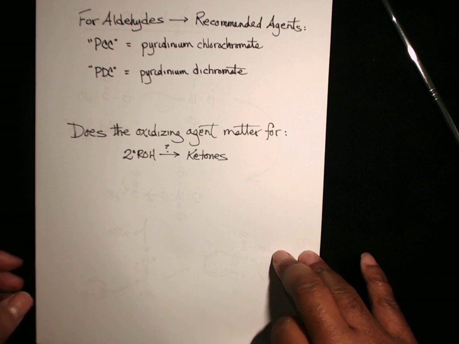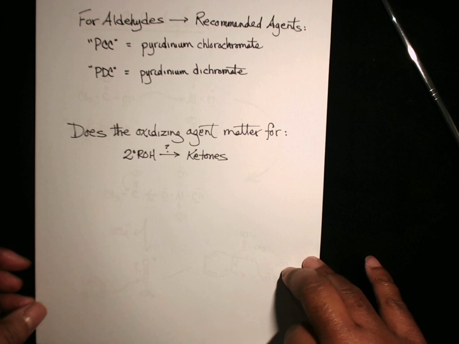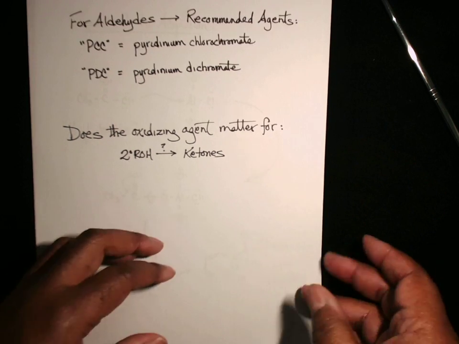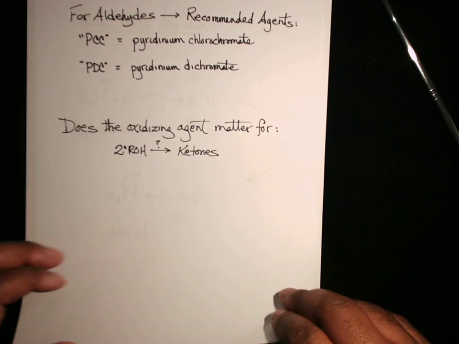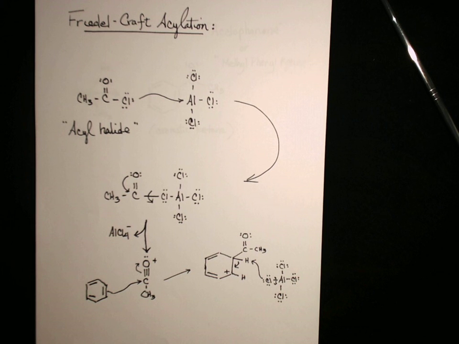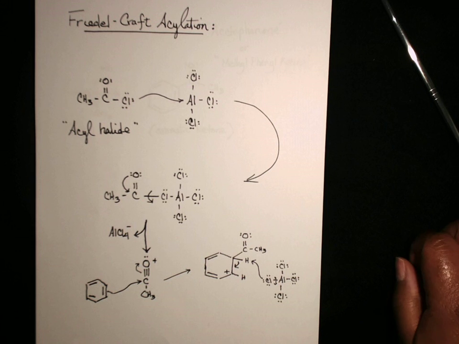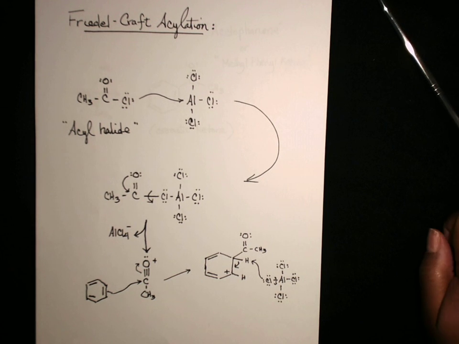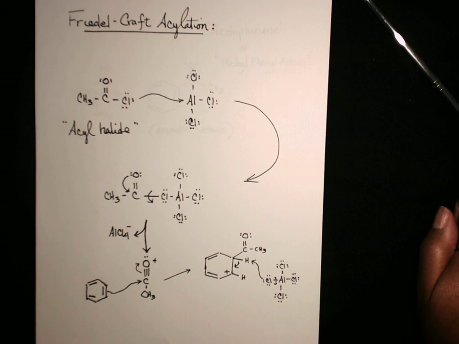So what other methods do we have for making an aldehyde or a ketone? Getting ready to take you back to our early conversation involving reactions with benzene, and particularly how to make an alkyl benzene.